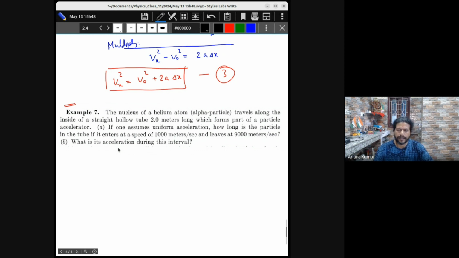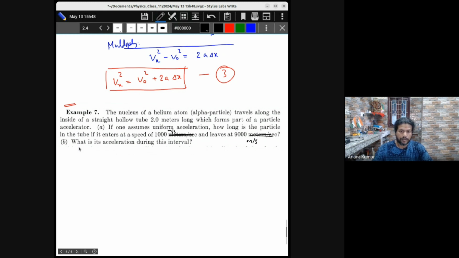That doesn't concern us right now. If one assumes a uniform acceleration, how long is the particle in the tube if it enters at a speed of 1000 meter per second and leaves at 9,000 meter per second? And what is the acceleration during this interval?